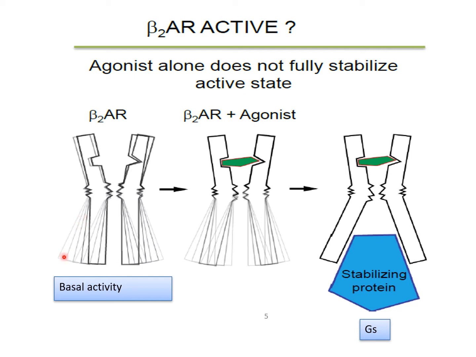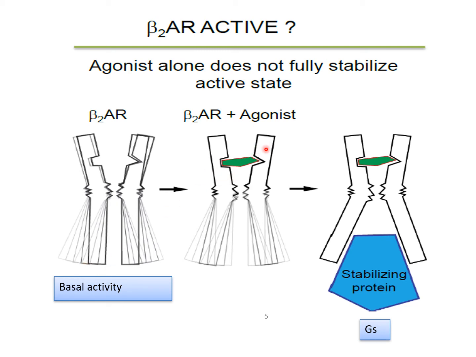Now this figure is representing different structural conformations of the beta-2 adrenergic receptor under basal activity, and there is a dynamics that is present here. So that means that no particular conformation was favored, and the whole structure is depicting a spectrum of conformations which are constantly shifting.